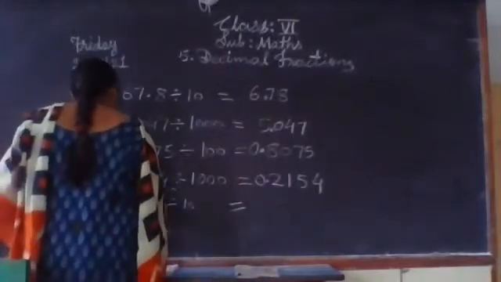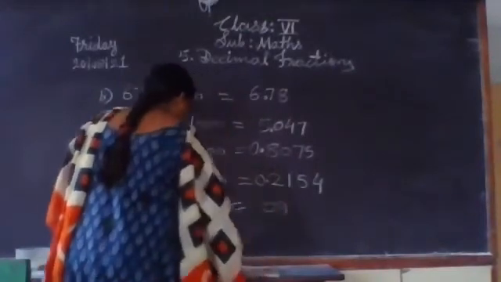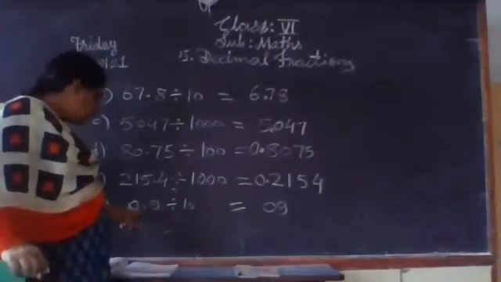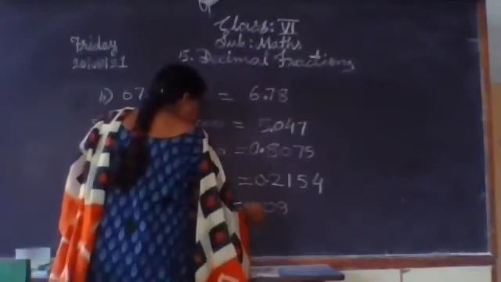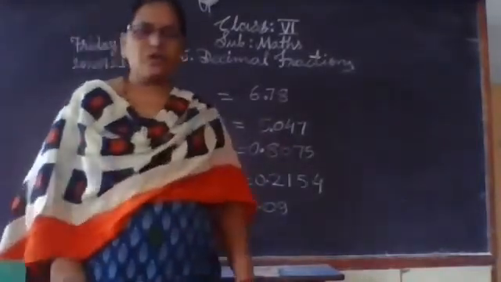Next, 0.9. So write down as it is, 0.9. 10 has 1 zero, so you have to shift one place, means before 0. The answer is 0.09. So got it, children?